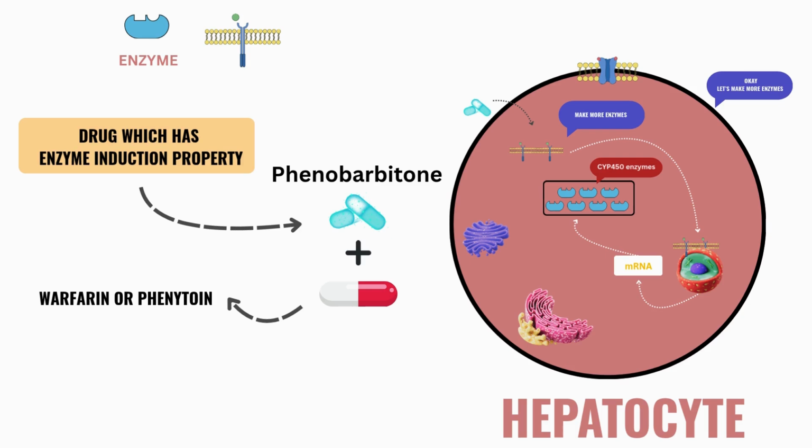This means warfarin or phenytoin leave the body much more quickly. So instead of 6 hours, they show their pharmacological action for only 4 hours. So the doctor has to raise the dose or increase the frequency. That's why when phenobarbital is started for a patient, doctors monitor warfarin and phenytoin closely. They know the new enzyme workers, which are cytochrome P450s, are working overtime and could clear these medicines too fast.